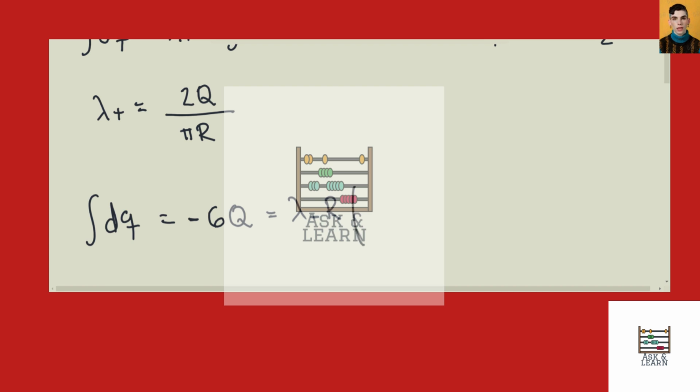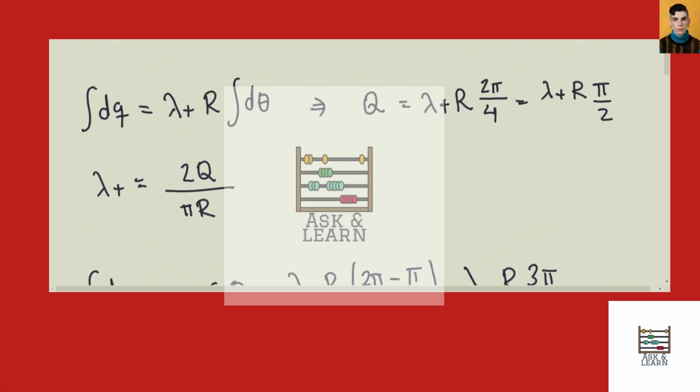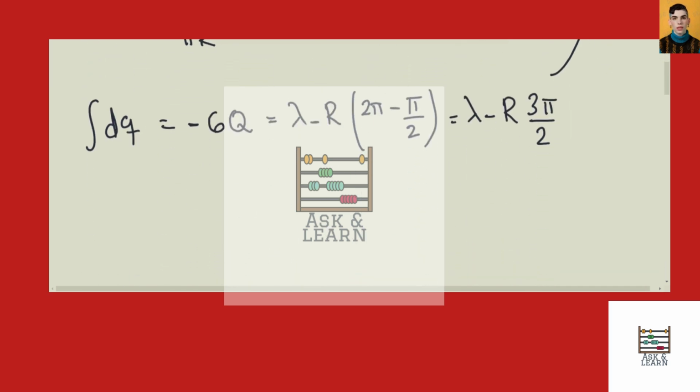We can obtain this angle by subtracting from 2 pi the other segment's angle that we just obtained, pi over 2. It is easy to see that we obtain 3 pi over 2. If we sum this angle with the previous one, we obtain 2 pi, which corresponds to the full circumference of a circle.